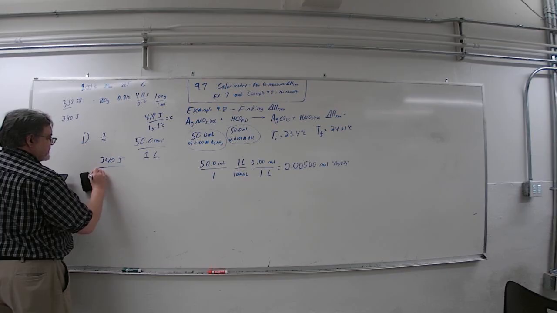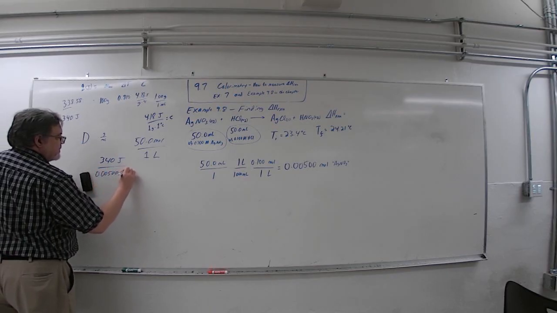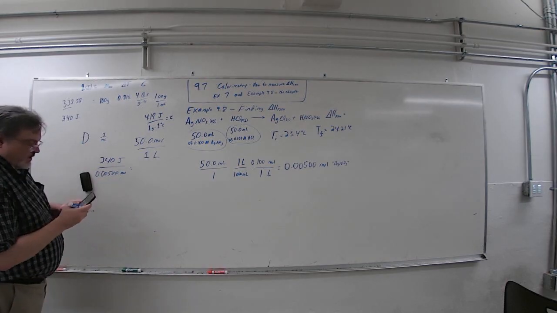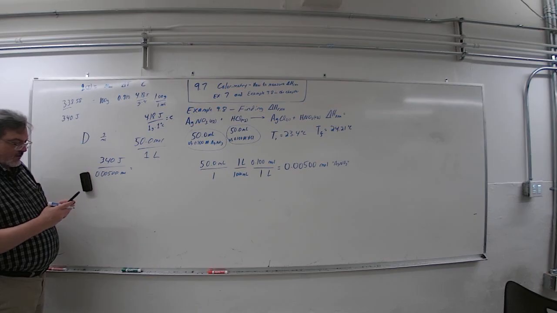So if it's 0.00500 moles, 340 divided by 0.005.